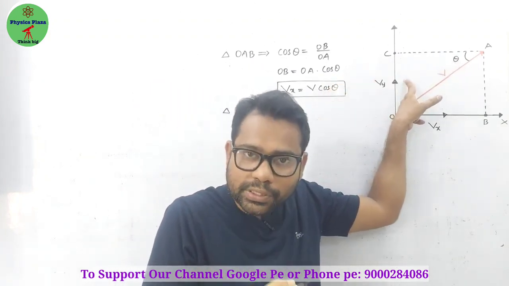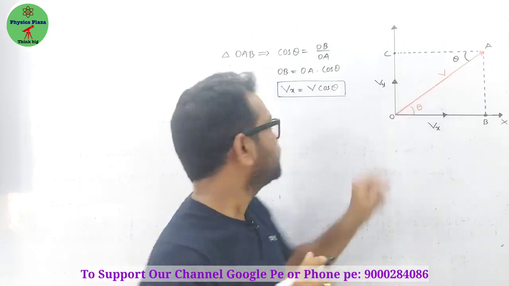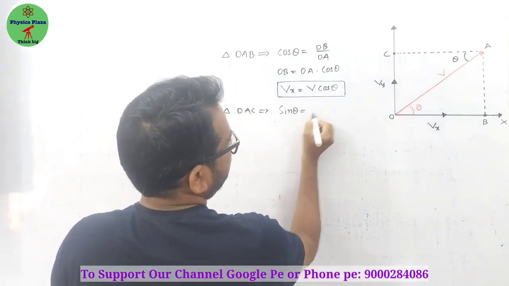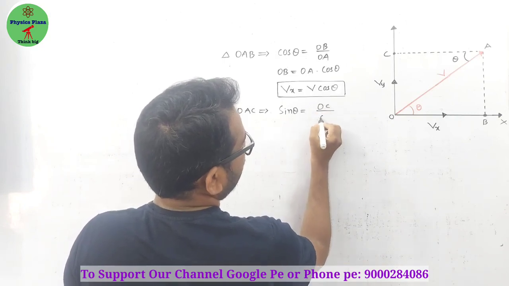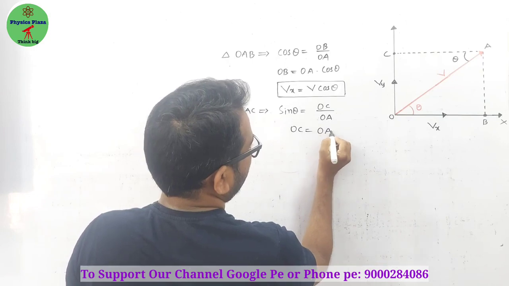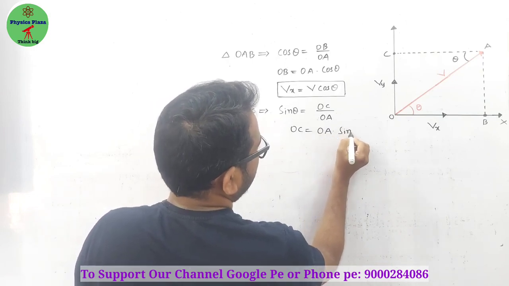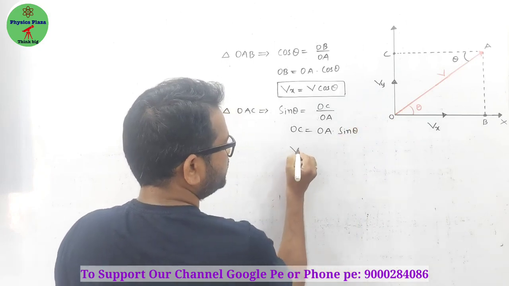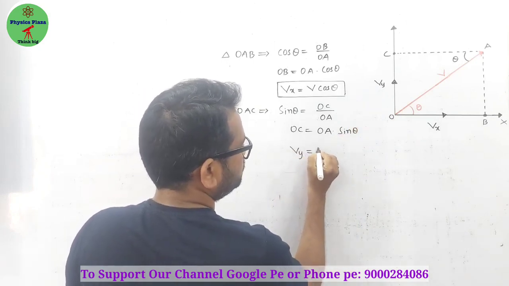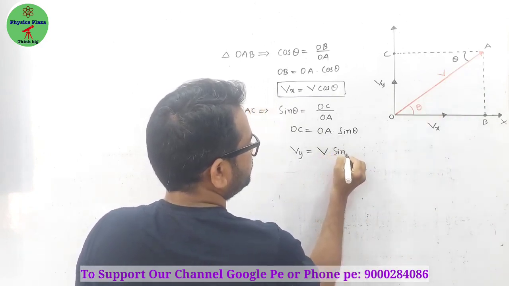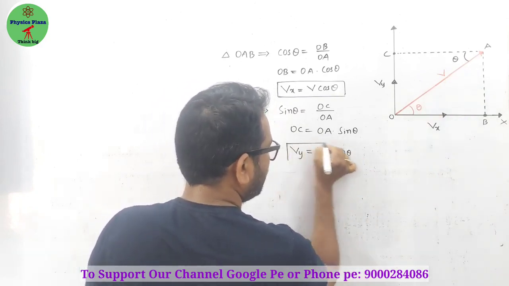So in order to calculate the opposite side, let us define sin theta. From this OAC, sin theta is equal to OC by OA. So OC is equal to OA into sin theta. OC is Vy. OA is the magnitude of this vector, that is V into sin theta. So this is the vertical component.